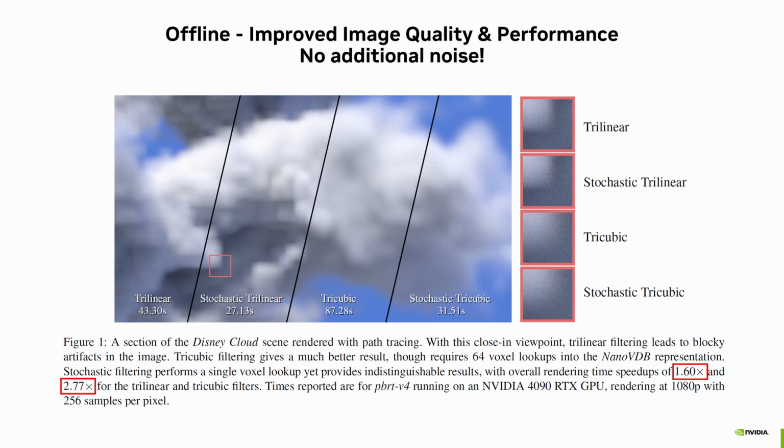Stochastic filtering noise is negligible compared to volumetric Monte Carlo integration noise. So, in this example, with stochastic texture filtering, we can use better quality filters, such as smooth and nice tricubic, unlike ugly and jagged trilinear, while being significantly faster than non-stochastic trilinear filter. It's a pure win on all possible axes.